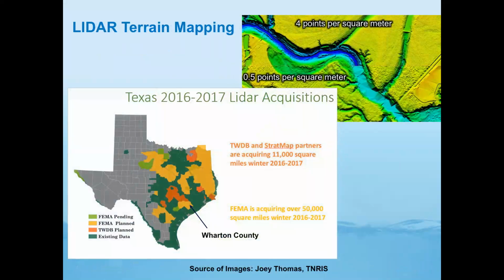So TNRIS is right now in a process of collecting all these colored areas in LIDAR. We have a real patchwork of varying vintages and resolution that have been collected so far. I have all the DEMs from this, and they vary in resolution and quality, and so it's kind of hard putting together a detailed map that's at a consistent sampling.